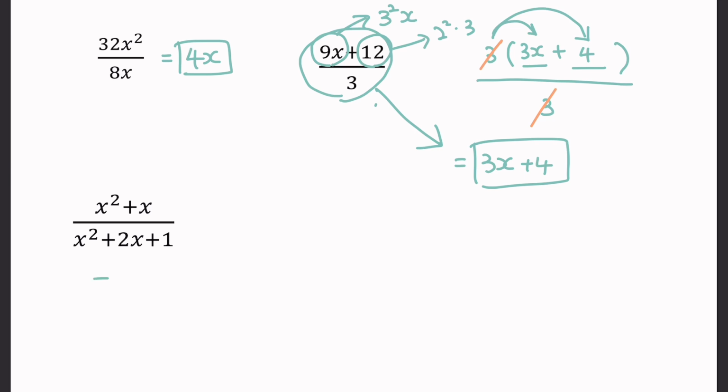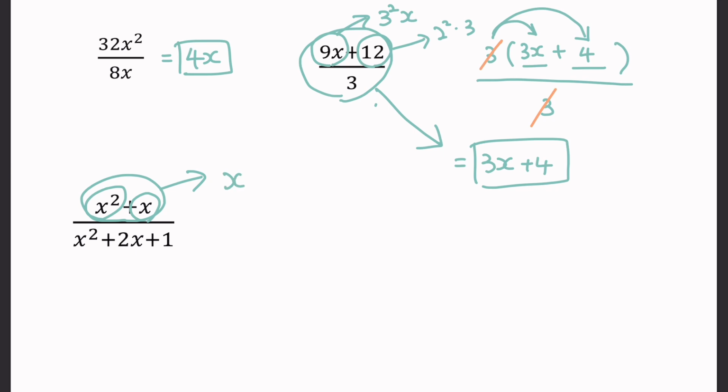And finally, this expression is looking more complicated than the above two, but don't worry, we are going to factor each numerator and denominator. Let's start with the numerator. I have x squared plus x, and the common factor among these two terms, x squared and x, is x.